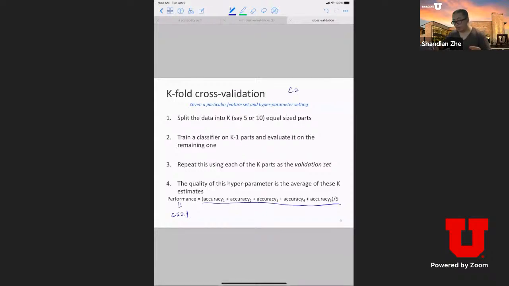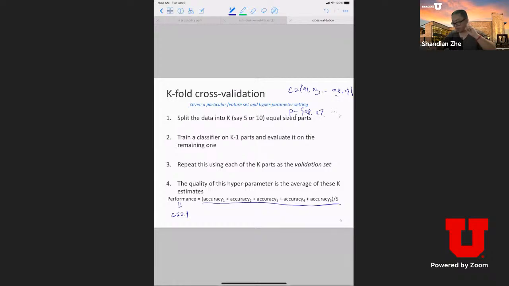Now remember, we have a bunch of candidate choices of C, right? So we're gonna perform the same procedure for every choice of C. See, for example, if finally our performance for 0.1, you get average 5-fold accuracy is 0.8. For 0.2, you got 0.7, blah, blah, blah.